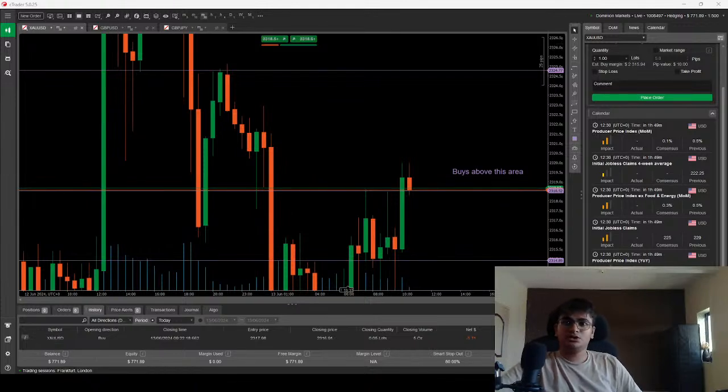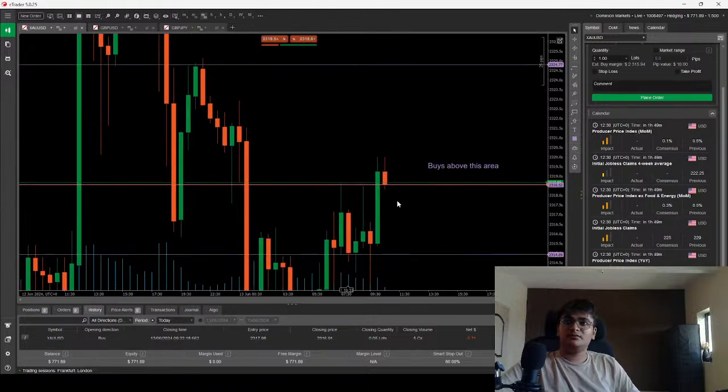I think I need to leave, but I think if I take the trade, it will be if price does close below this area, or maybe closes like this one, doji type, but then there's less chance that I will take the trade for buys.